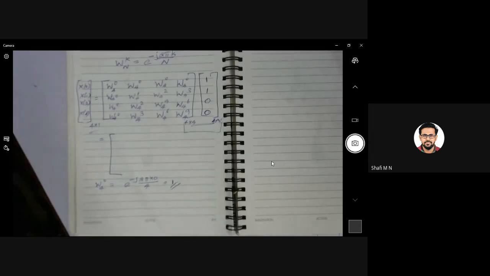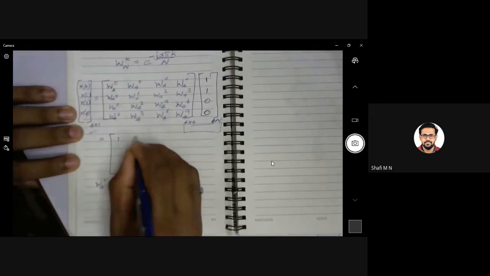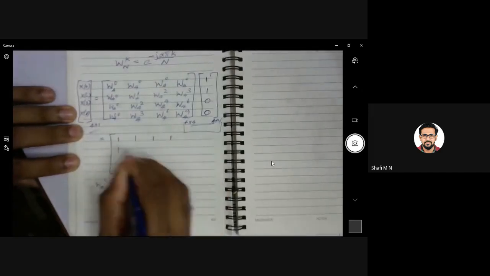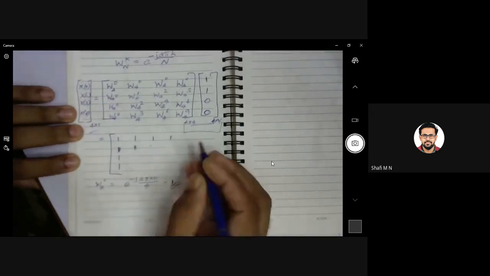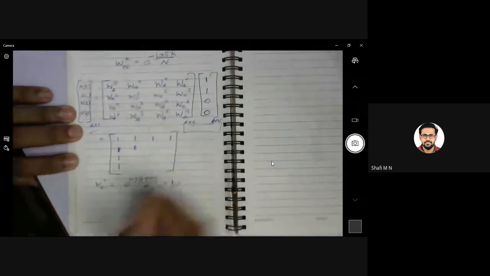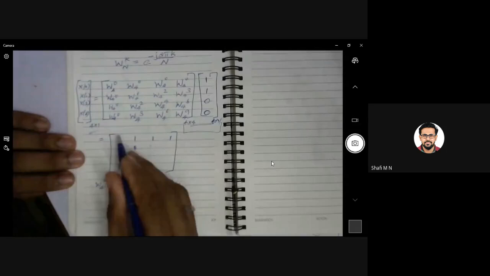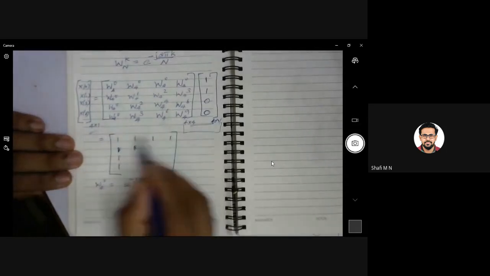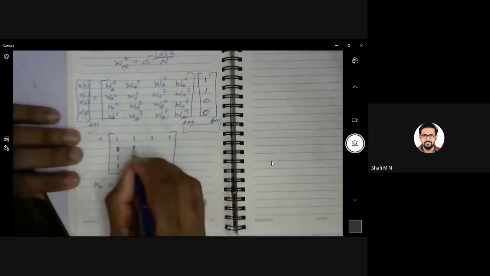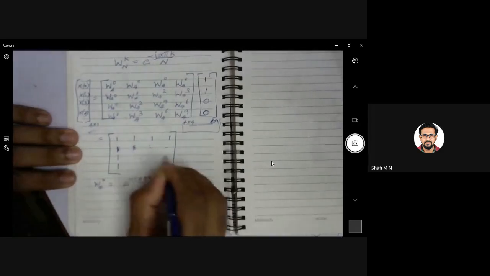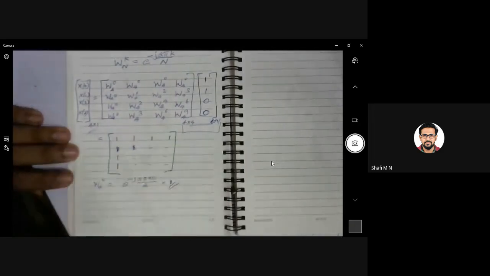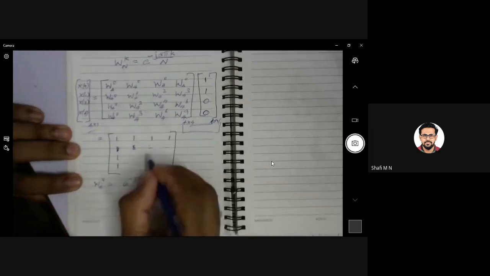So all W_4^0 can be replaced with 1. Fill 1 in this particular column and this row, completely. Now the remaining are 9 positions. So W_4^4 will also be 1.